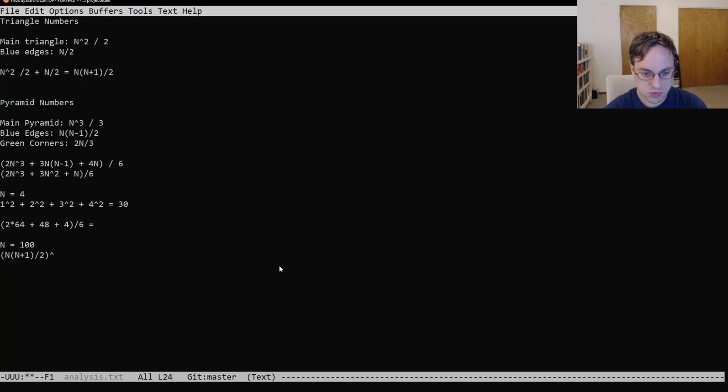And we're going to square that, minus the sum of the squares. That is the equation for the pyramid numbers that we just got. So that's going to be 2n cubed plus 3n squared plus n over 6.